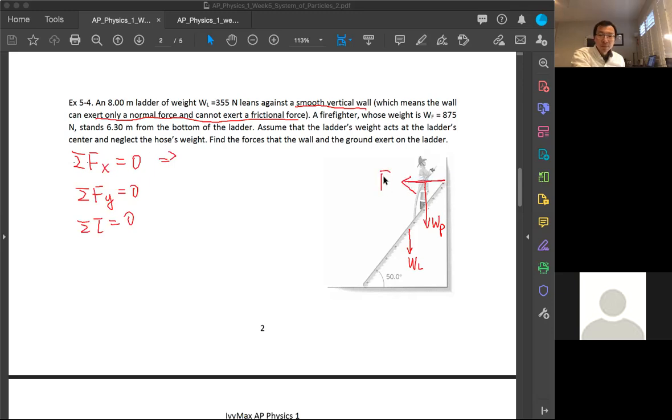I'll call this P. Let's distinguish that; I'll just redraw it.